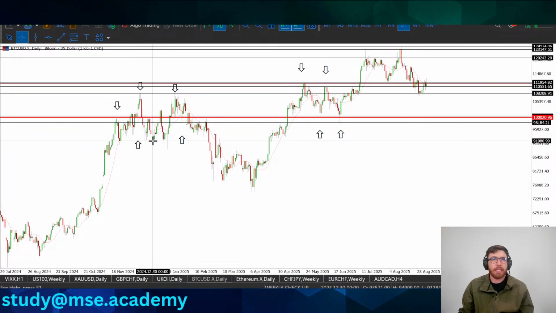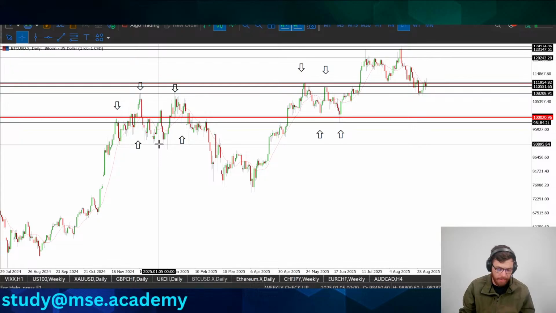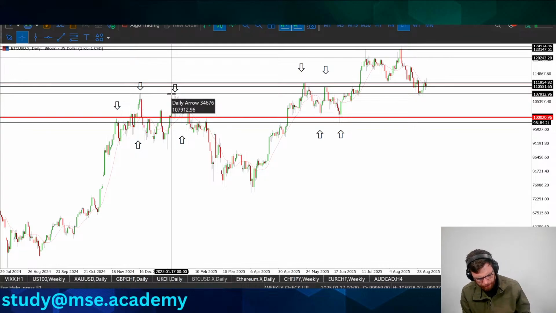Pull back all the way down to the lows of, let's make it the 90s level. So it pulled back all the way to 90K. So there was about an $18,000 sell-off, and then push again back to the same level, 108K.